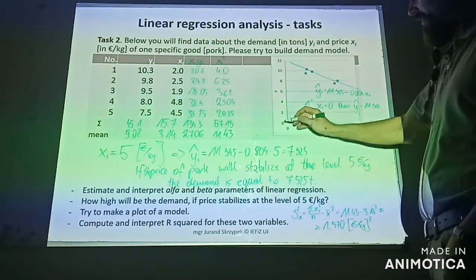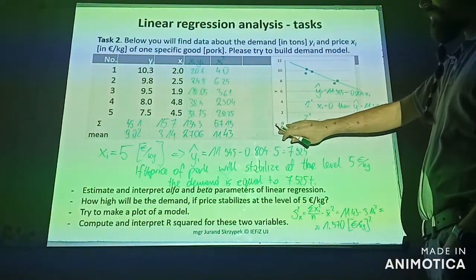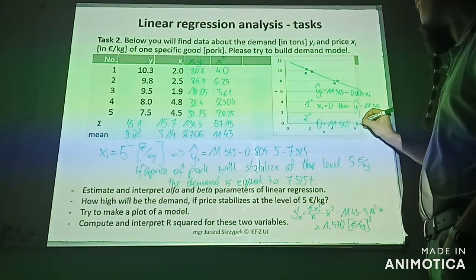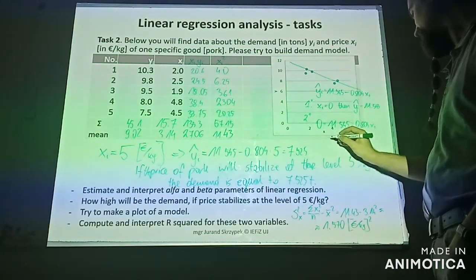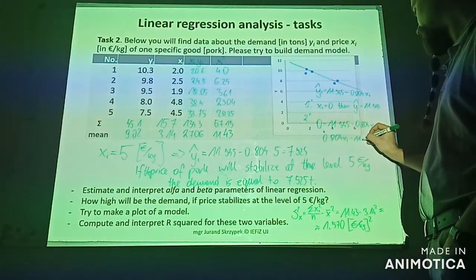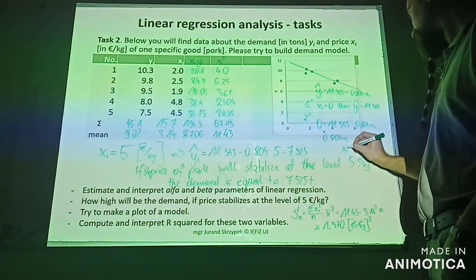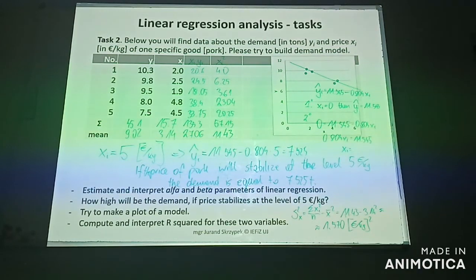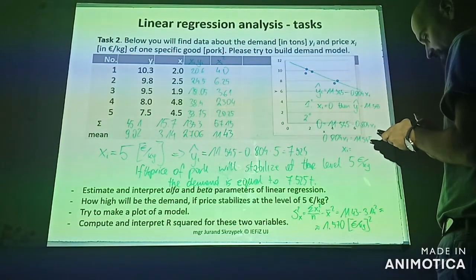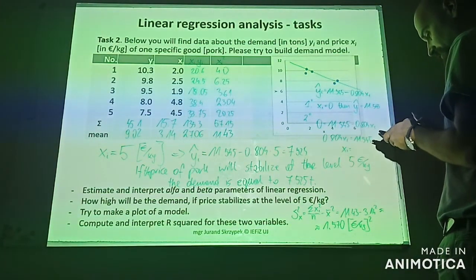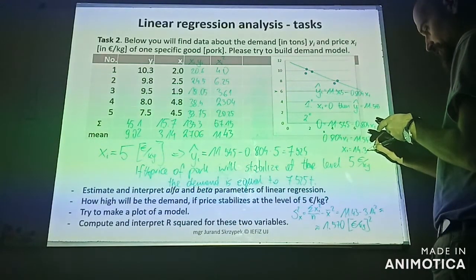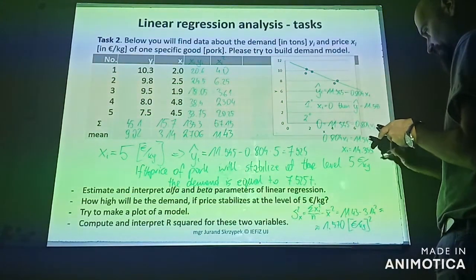Okay, then we have the situation when the demand is equal to 0. 11.545 minus 0.804 xi, yes, 0.804 xi is equal to 11.545. xi is equal to, wait a second, 11.545 divided by 0.804, and this level is 14.359.